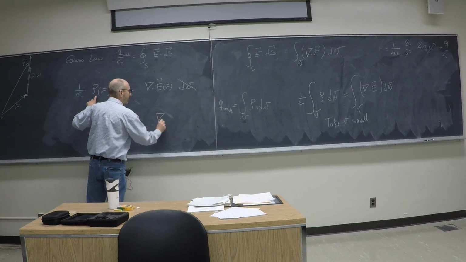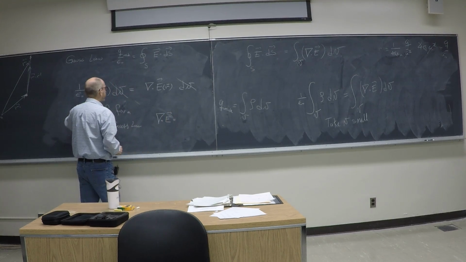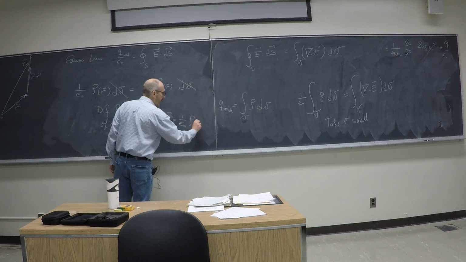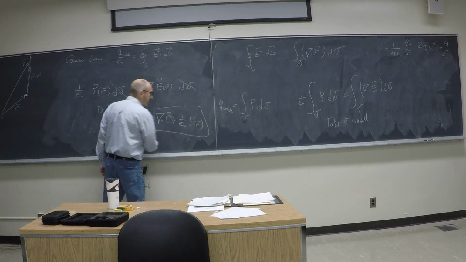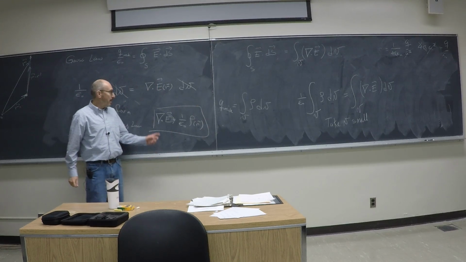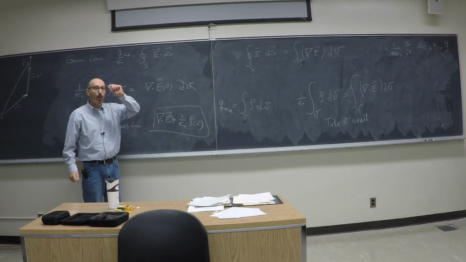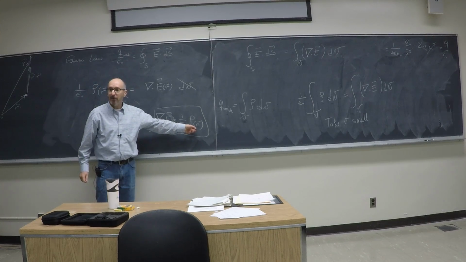So what we just learned is that the divergence of E equals 1 over epsilon 0 times rho of R. This is an amazing statement because it is a local statement that tells me that the divergence of the electric field at one point in space depends only on the density at that same location.